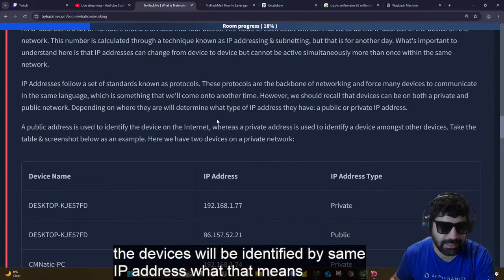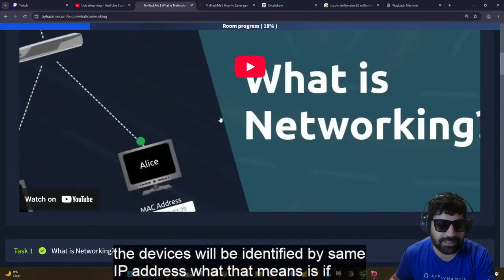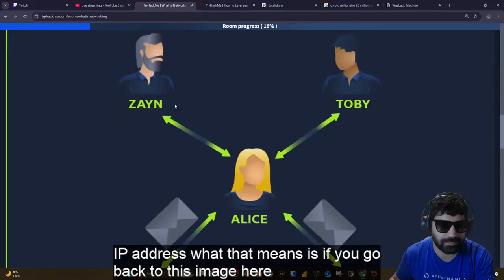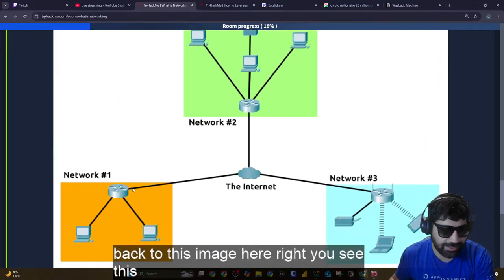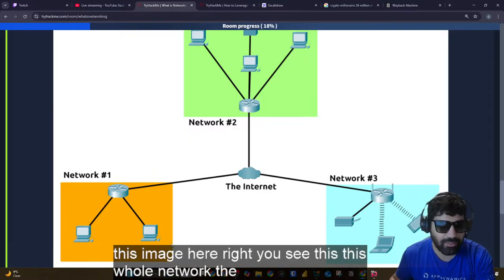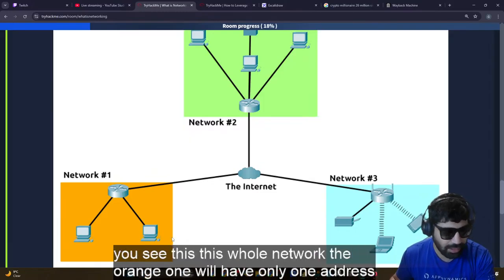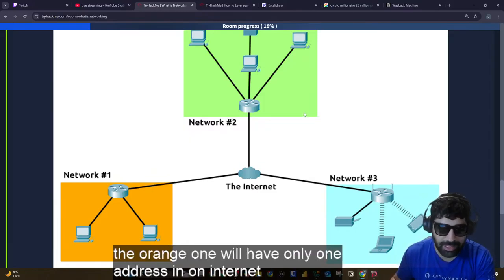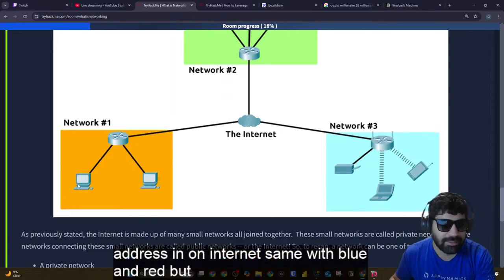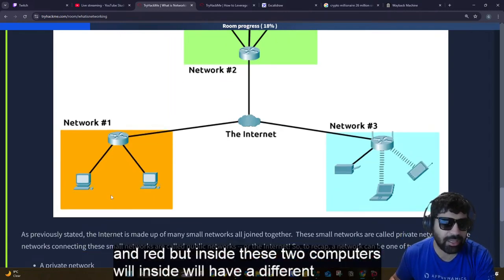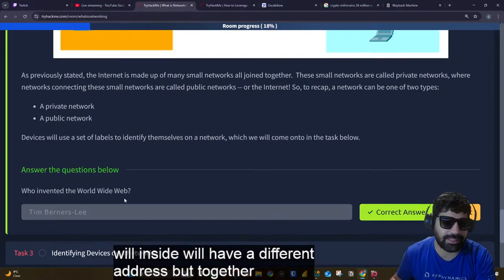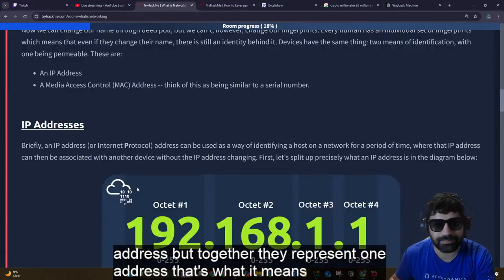What that means is, if we go back to this image here, you see this whole network, the orange one, will have only one address on the internet, same with blue and red. But inside, these two computers will have different addresses, but together they represent one address.